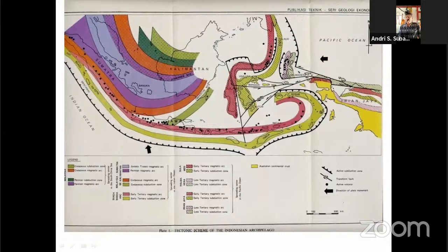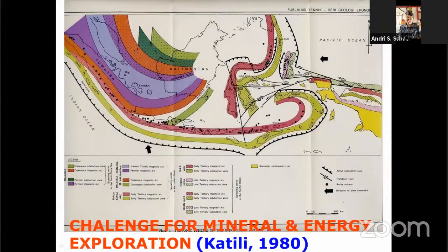Mineralization in the Indonesian archipelago is related also to the history of tectonics and magmatism. The primary mineralization for tin, wolfram, niobium, tantalum, and uranium, also zircon and monazite, among others, is related to Permo-Triassic tectonic magmatism. This is a very nice map produced by Professor Katili in 1980, showing there is a lot of subduction related to magmatism.